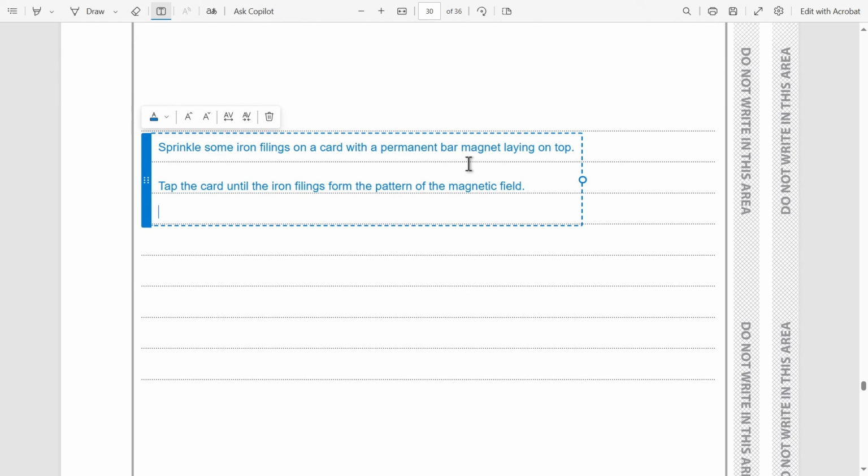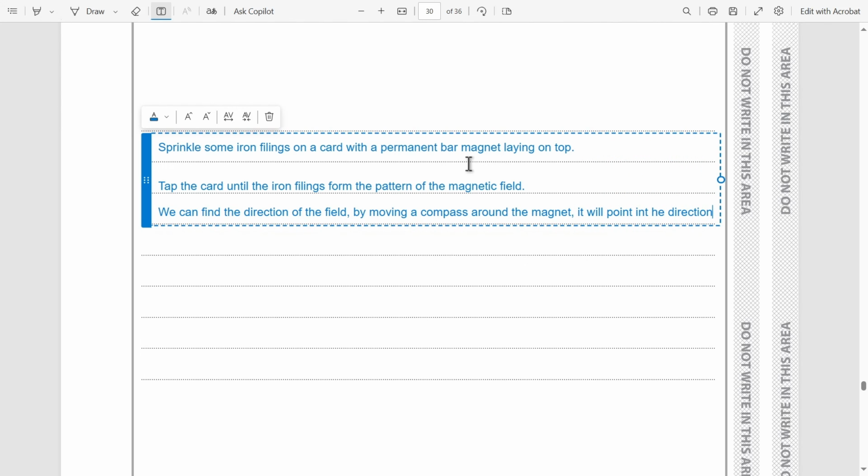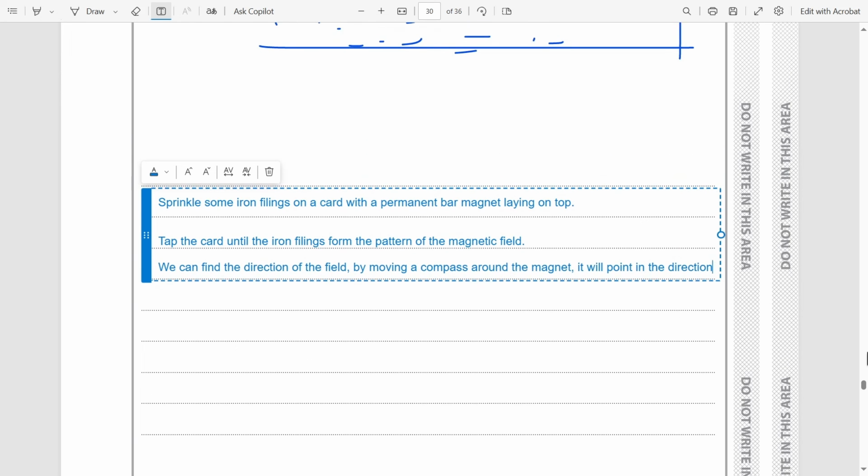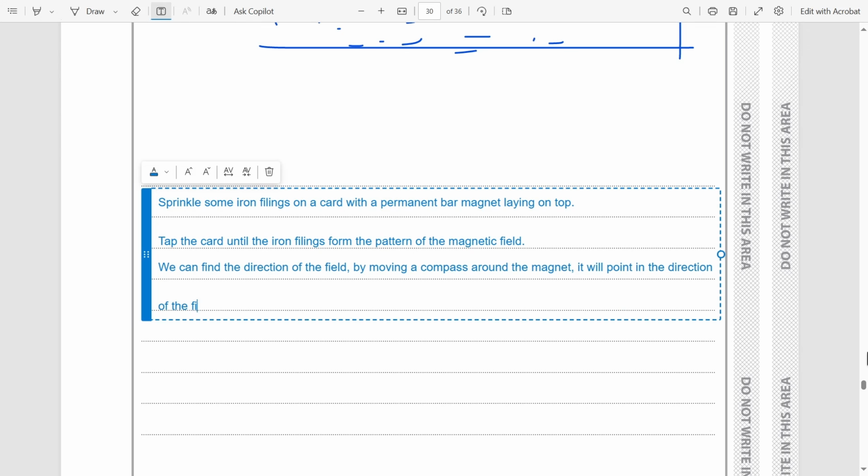The direction, we can find the direction of the field by moving a compass around the magnet. It will point in the direction of the field.